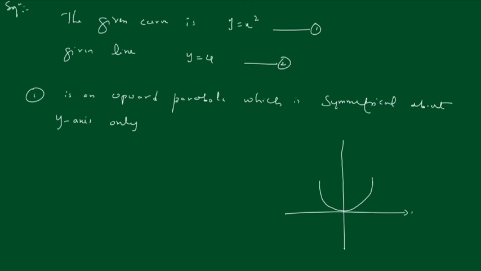So this is the x-axis, this is the origin, this is the y-axis. So what we have here, the line, it is 1, 2, 3, it's 4. At the point 4 we have a line, it is y equals to 4. So here we have to take a horizontal strip.